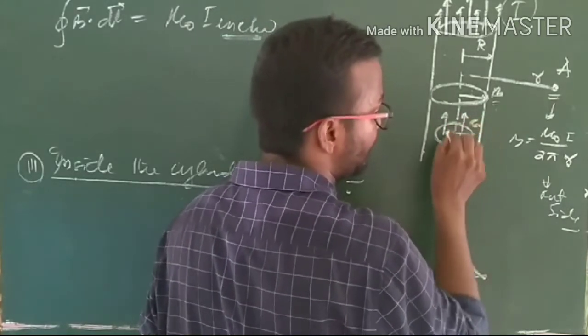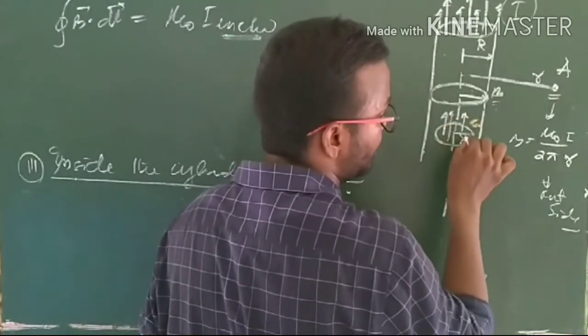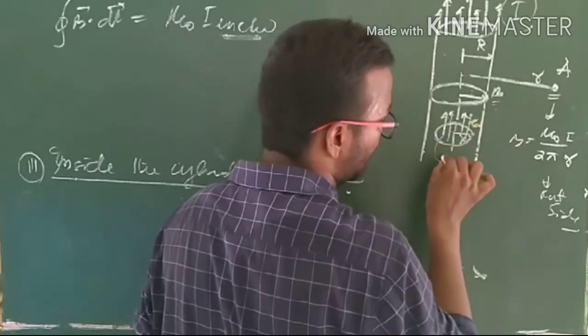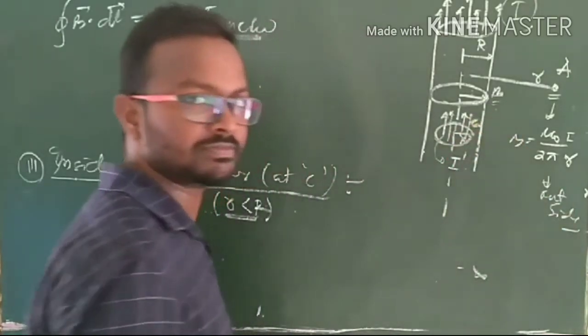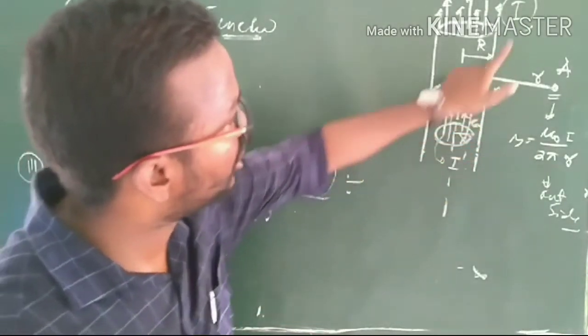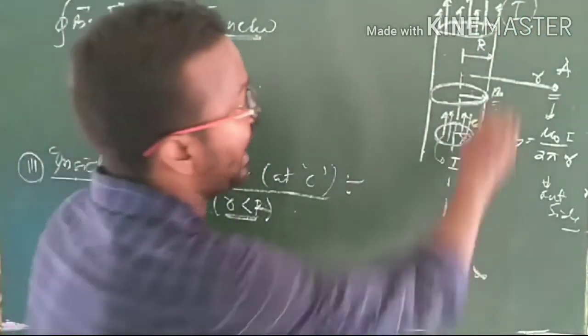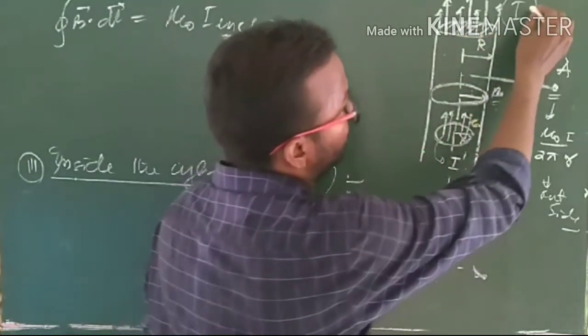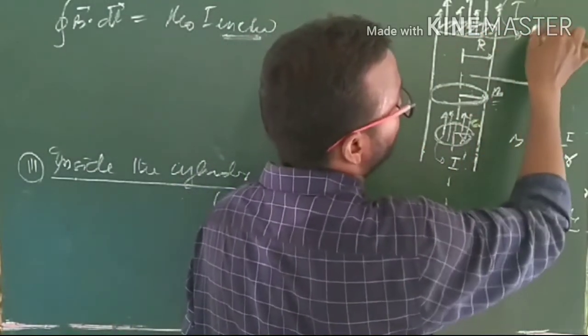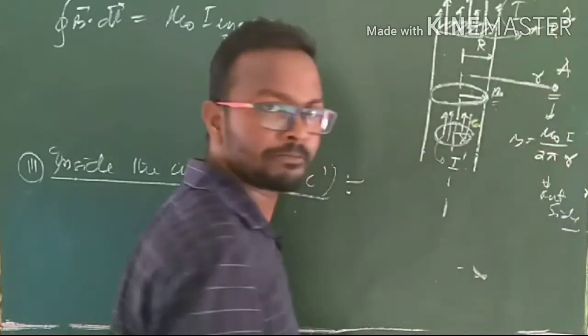This is the current which is within the loop, and imagine it as I dash. I dash is not equal to the current I flowing through the total area, because the enclosed area is equal to πr².